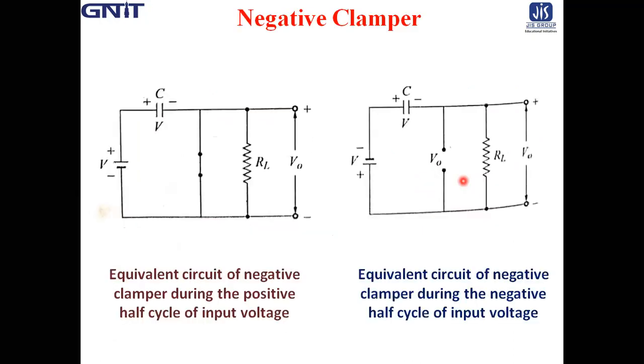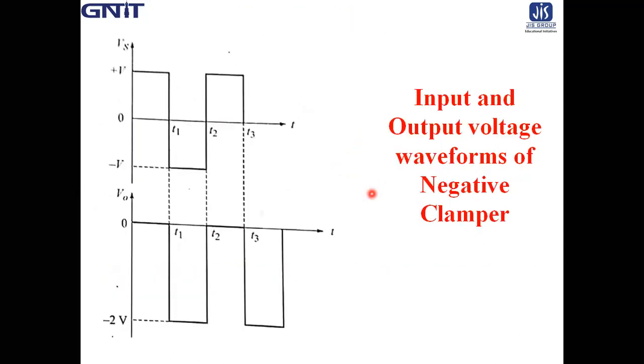If we apply the KVL, then naturally we get V0 equal to minus 2V. So the voltage drop across RL during the negative half cycle is minus 2V. That is why minus 2V is present here. So the output voltage waveform indicates this.